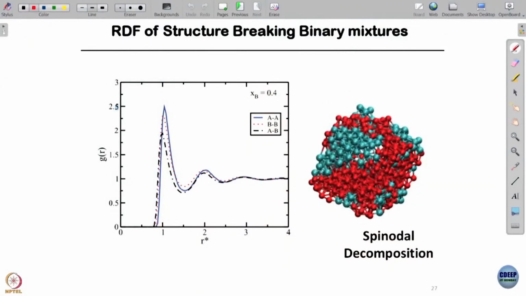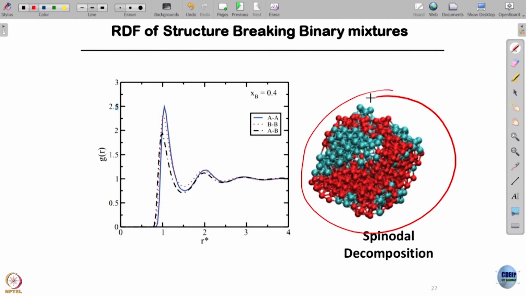If A and B do not like each other, how do I know that they are phase separated microscopically? I can ask how many A are around B and how many A around A. Then I find it is locally phase separated. If A and B do not like each other, even at normal temperature, when they appear to be homogeneous, there might be local micro-heterogeneity. They will be locally phase separated.